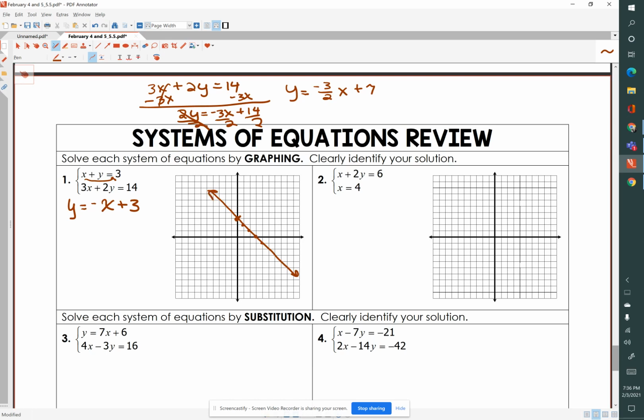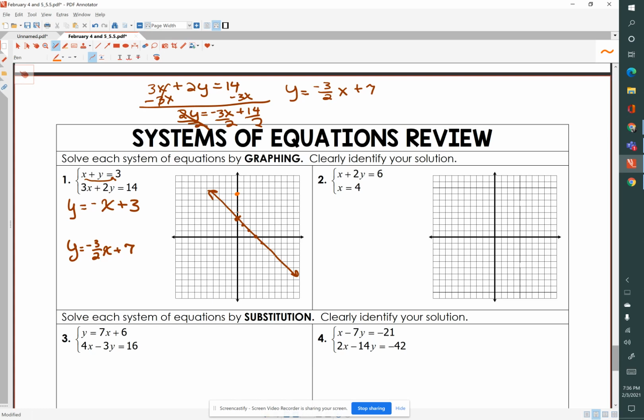Don't forget your arrows. And the second equation, y equals negative 3 over 2 x plus 7. So I'll choose another color for that. That'd be y-intercept of 7. And a slope of negative 3 over 2.